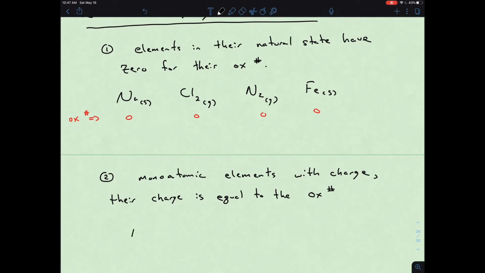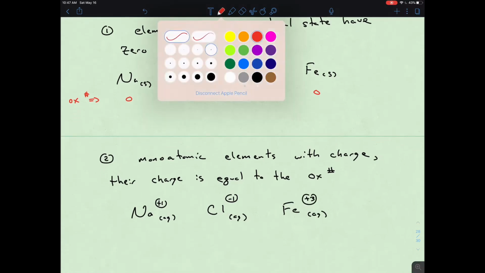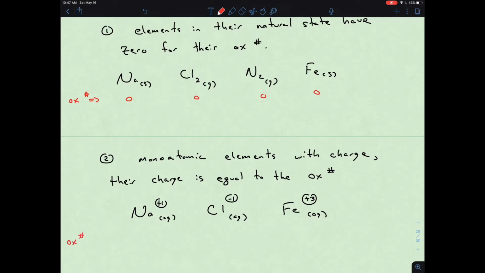So if I have sodium +1, or if I have Cl -1, or iron +3, right, in terms of our oxidation numbers, we would have +1. I'm just going to put these in parentheses to help separate. -1 for the chloride and +3 for the iron, right, in terms of oxidation number.